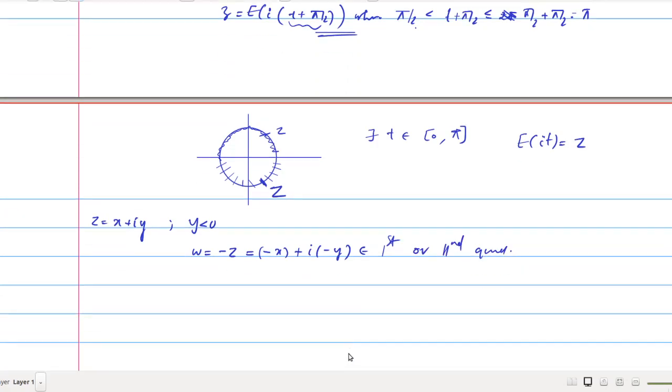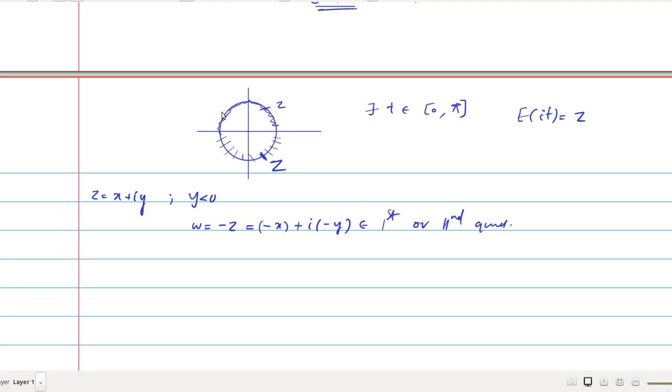So we already proved that whenever we have any w from the first or second quadrant, we can get this t, so that there exists t belonging to 0, pi such that e of it is equal to w. But we know that w is equal to minus z.